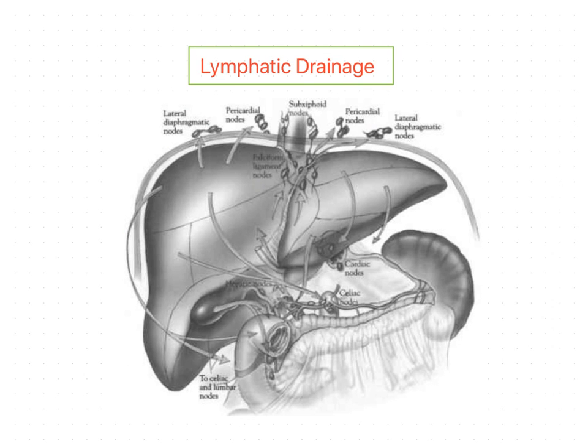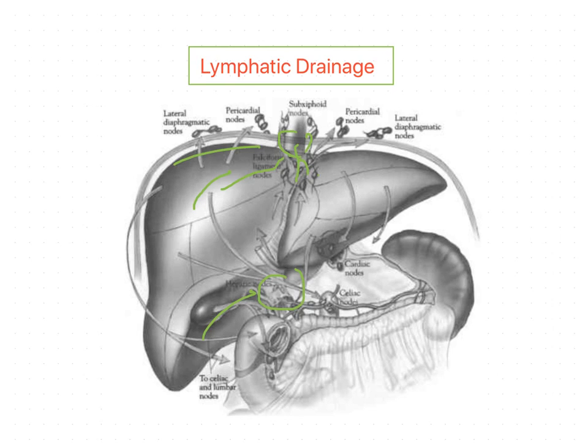Now we will see the lymphatic drainage. The lymph vessels from the inferior aspect run towards the hilum of the liver and end in the portal nodes. From the upper and anterior parts, the lymphatics pass out between the falciform ligament and end in the retrosternal nodes.